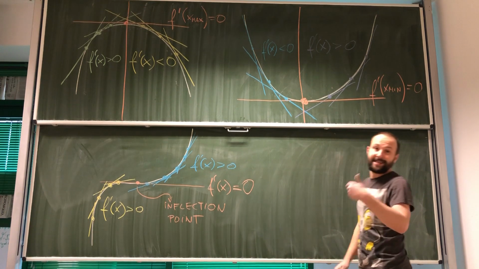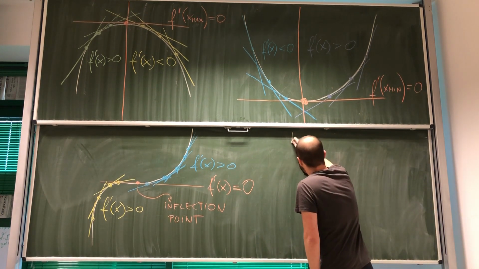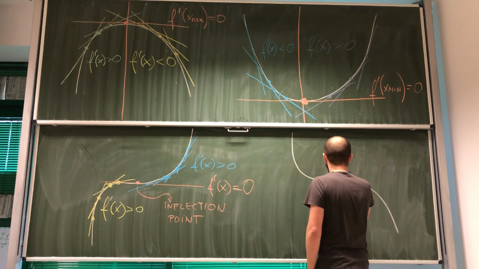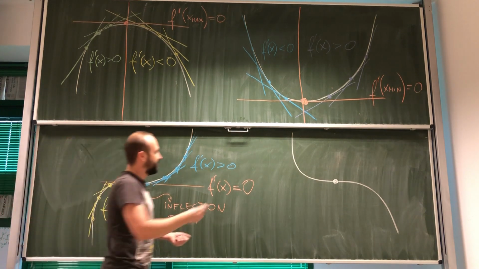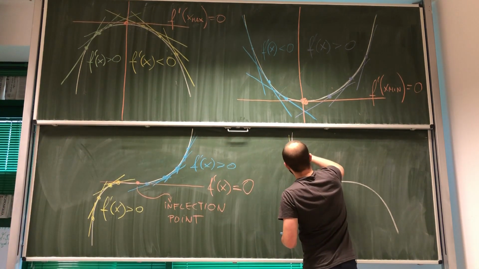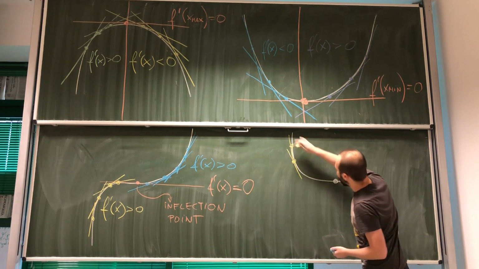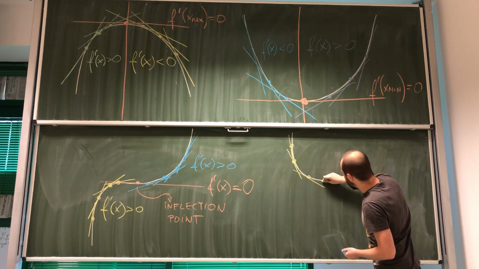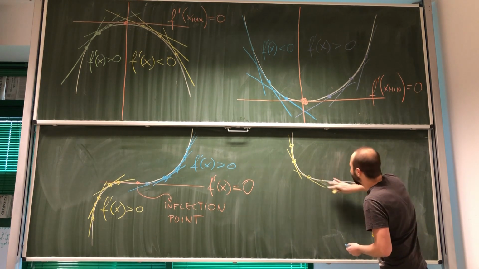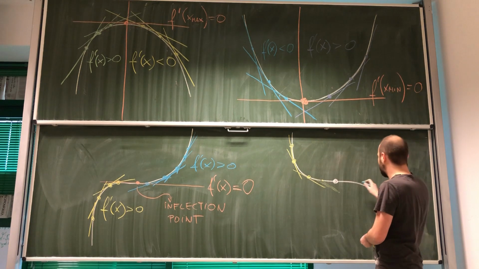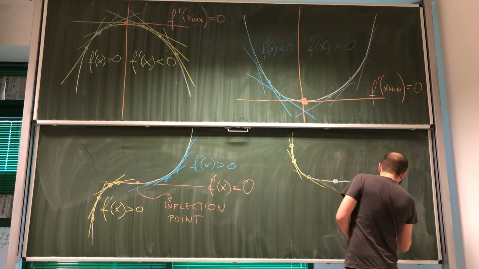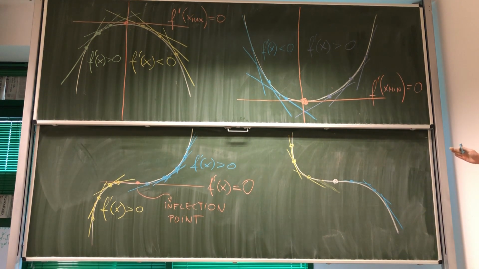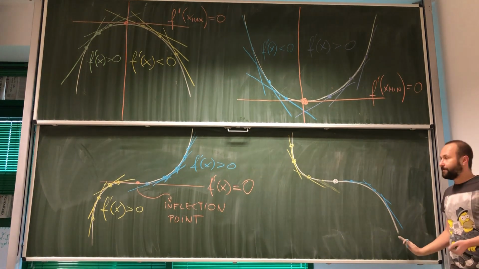If we would have a function like negative x to the power of 3, this function would look like that. And look, what would be happening over here? Look, over here we see that the function is downward sloping. First, very fast, but it's getting less and less steep, right? Then, beyond this point, the function is still downward sloping, but it's becoming more and more steep, right?